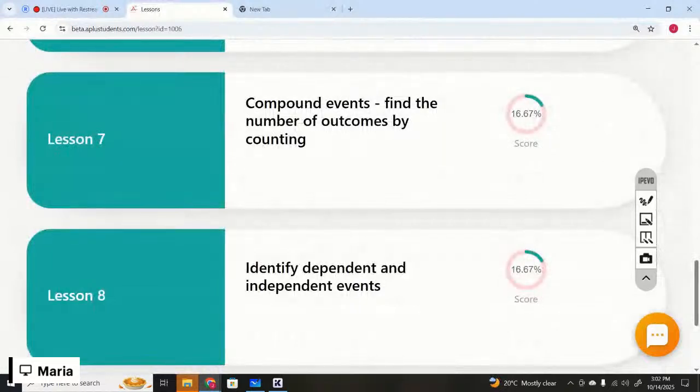Let's just start with the lesson compound events. Find the number of outcomes by counting.